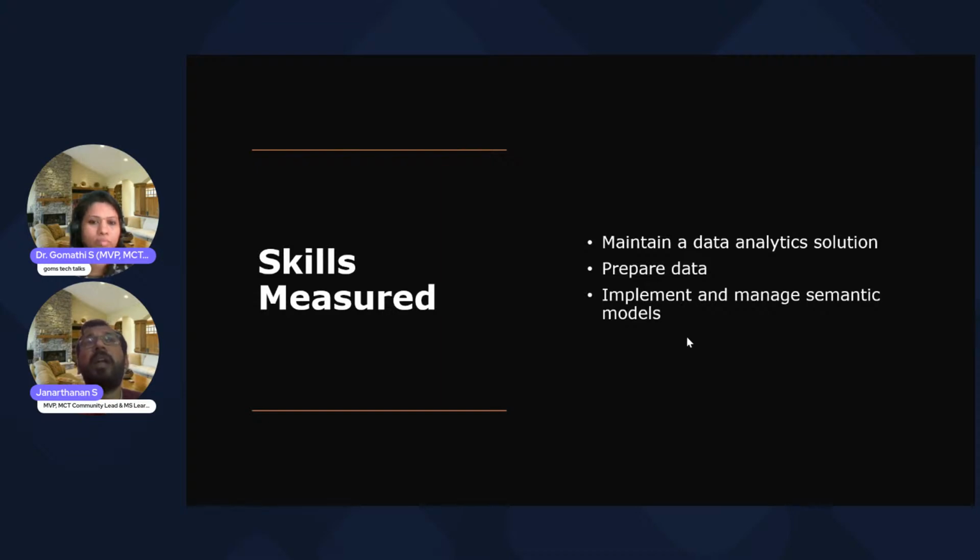You will get questions related to DAX queries, as well as KQL and SQL when it comes to managing and implementing the semantic model. These are the three skills measured with respect to the DP-600.